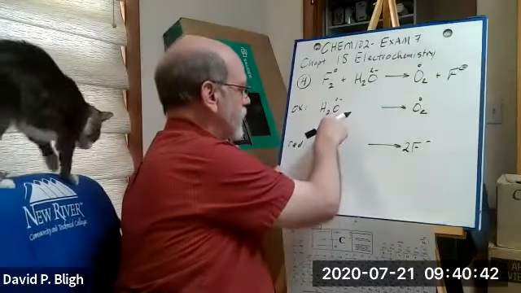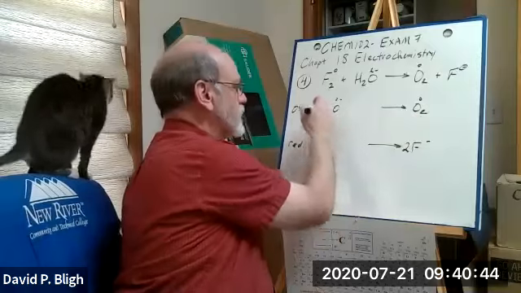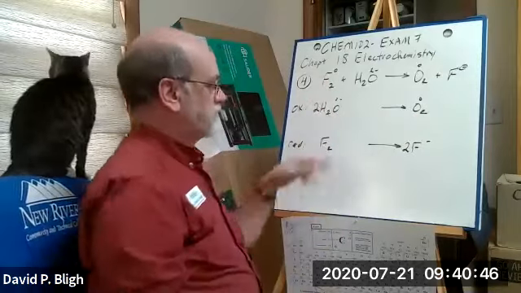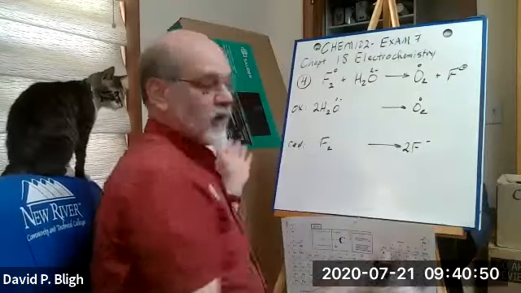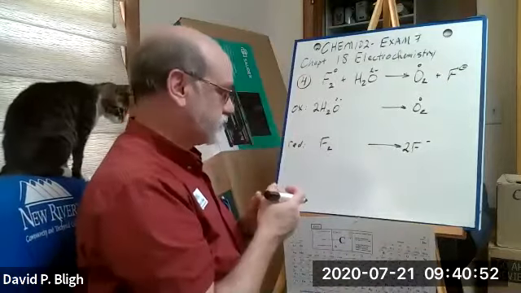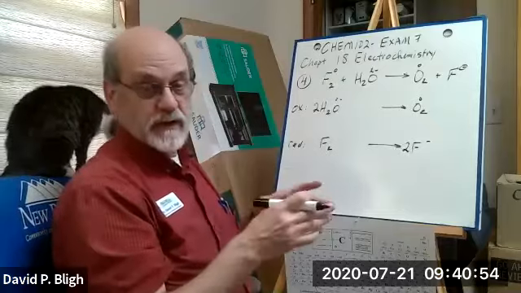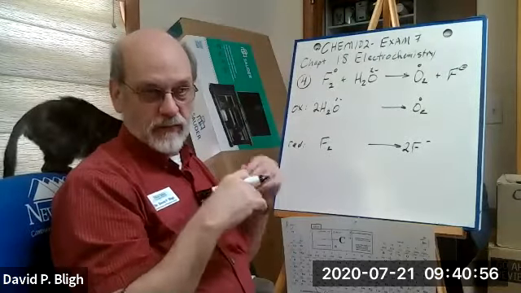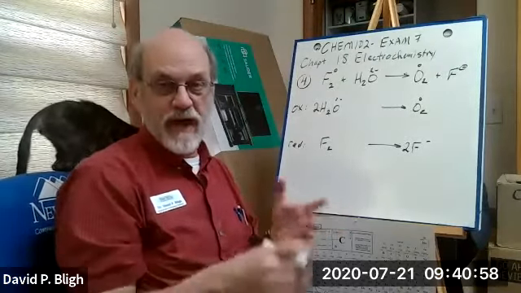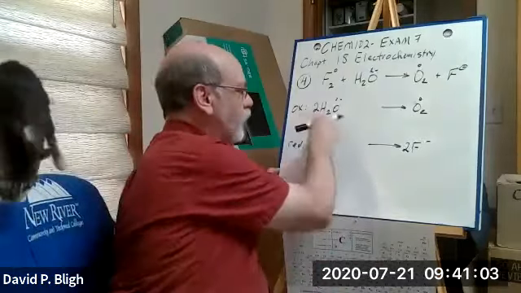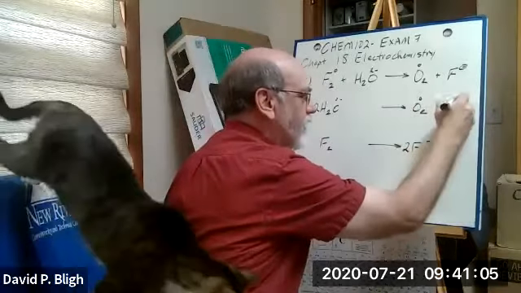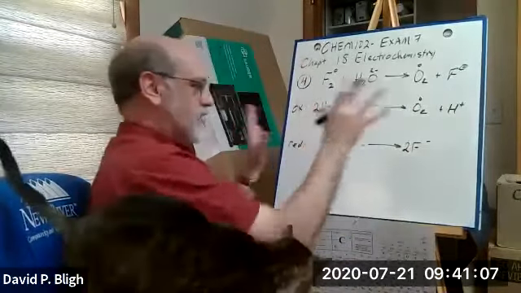We've got an oxygen here and 2 there, so we just need 2 there. Here, we've got no oxygens to balance. Now we balance the hydrogens with protons, because this is my fake acid method. So we need 4 hydrogens over here. And we're done there.